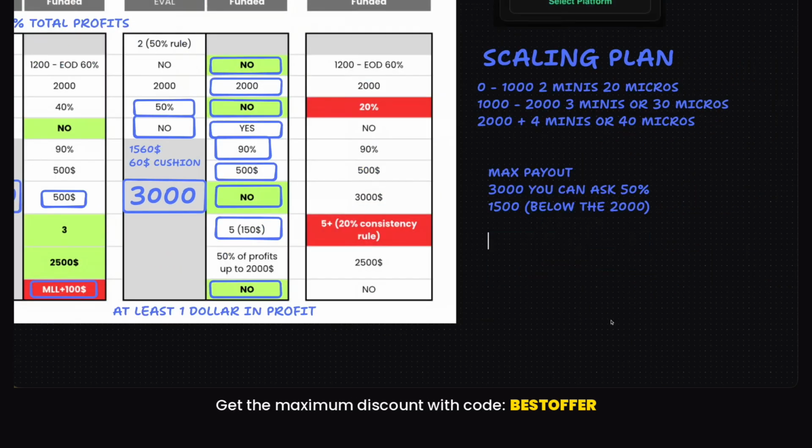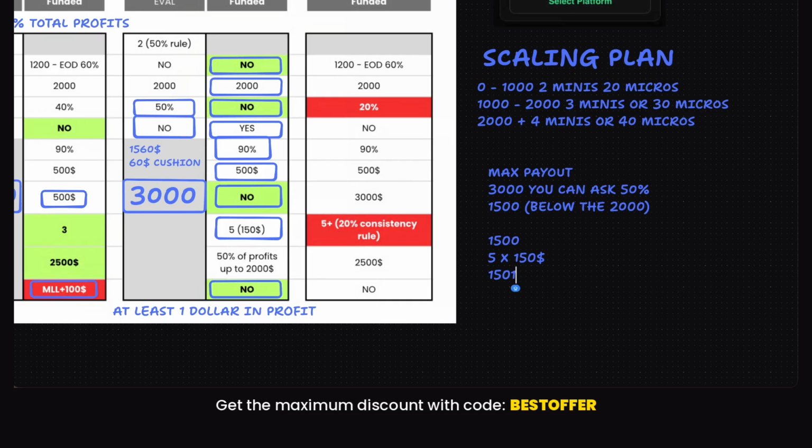That's the thing, all right? So let's take this as an example. You requested your payout at $3,000. You ask 1,500. So now your total balance in your account is 1,500. To request the payout, you need to do at least 5 days with $150, and your balance needs to be at least $1,501. All right.